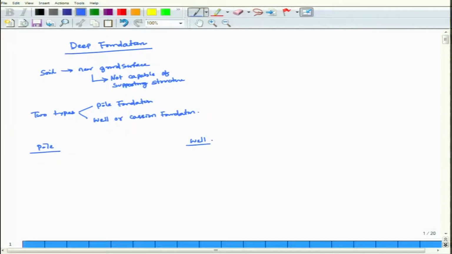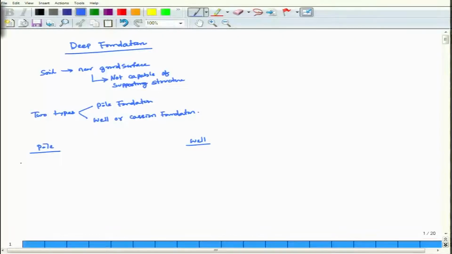Very simple one. Pile foundation is a very long slender member, either driven or cast in situ. How does it have to be installed?